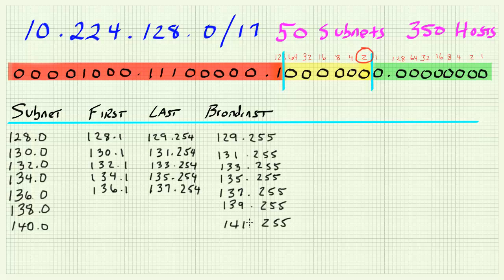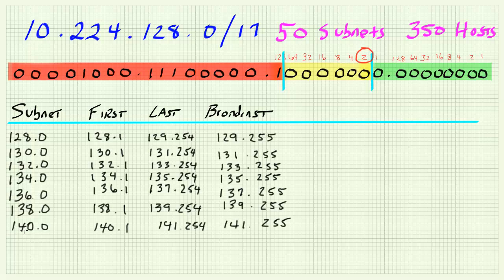And then given that, it's very easy to determine the first and last hosts for each of these 2 new subnets we're now considering. We just take our subnet and we add 1 to it to get the first host. So our first new subnet, 138, the first host would be 138.1. We already had the broadcast of 139.255. We subtract 1 from that and get 139.254 as the last host in the 138.0 subnet.